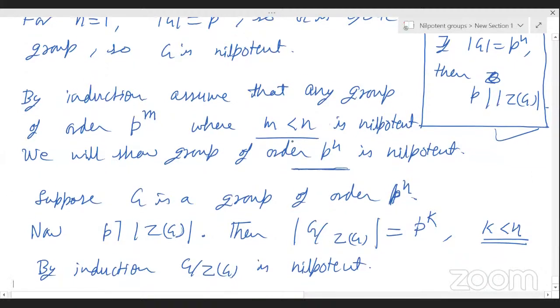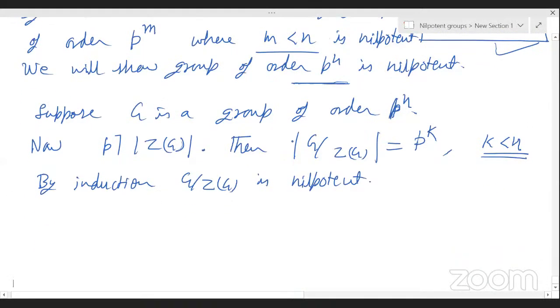But we have proved that if G by Z(G) is nilpotent, then G is nilpotent. This implies G is nilpotent.